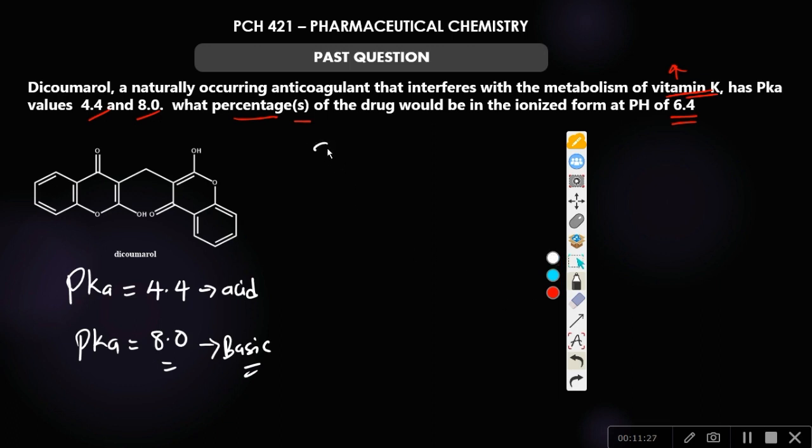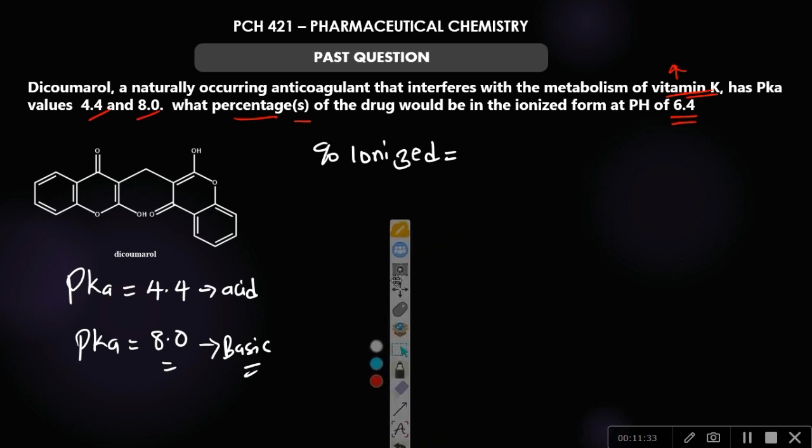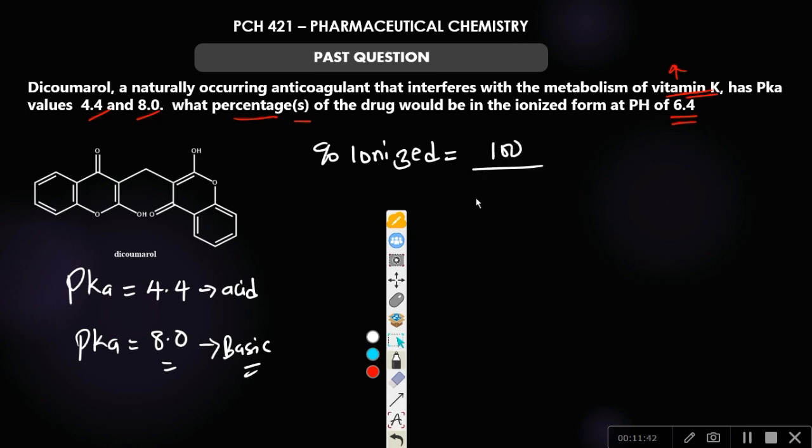Now, let's solve. For percentage ionized for acidic, the formula is 100 divided by 1 plus 10 raised to the power of pKa minus pH. Good.